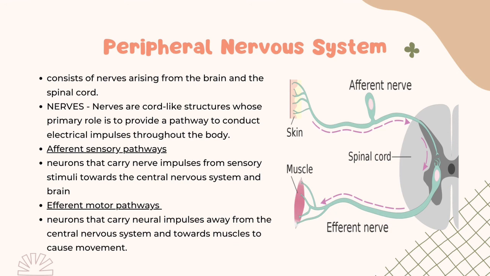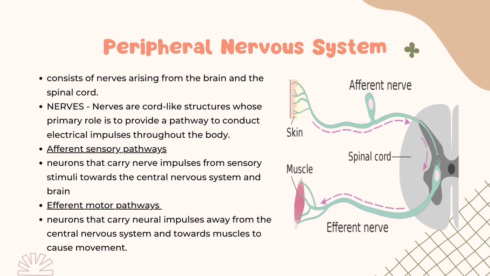Okay, so the PNS also regulates autonomic functions such as breathing, heart rate, and digesting, or what we call the unconscious bodily behavior. So always remember that just like the central nervous system, the peripheral nervous system is also important in order for us humans to survive.